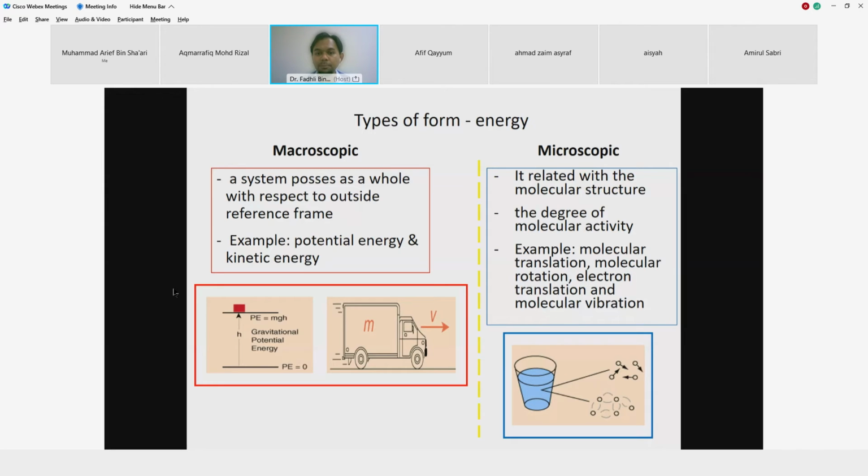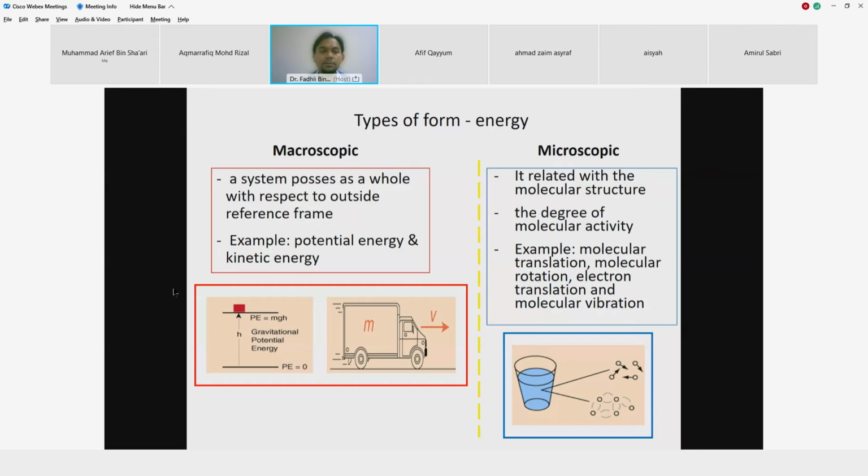However, microscopic energy is related to the structure of the molecules, for example, the degree of molecular activity. It deals with small scale, for example, molecular translation, molecular rotation, electron translation, and molecular vibration of the atom or molecule. That's microscopic energy.